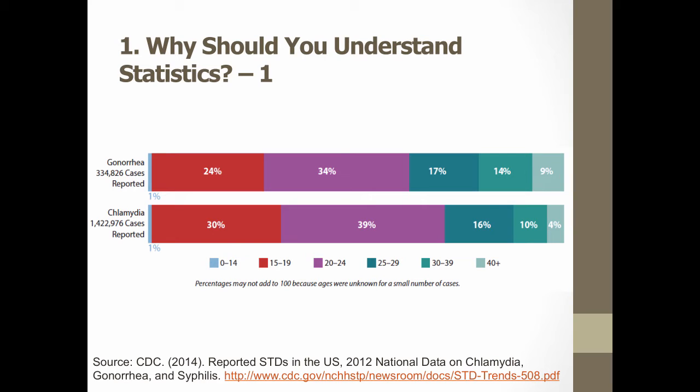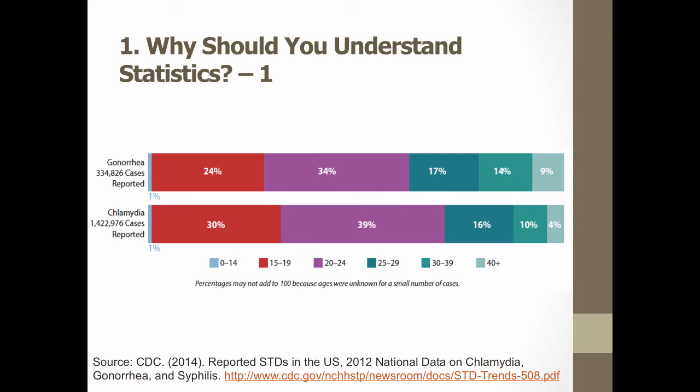Well, if we look at each of these bar graphs individually, let's just look at the top one, just gonorrhea cases. Which age group made up the majority of these cases? Well, hopefully you said those that made up the purple bracket, right? We see that purple made up 34% of the 300 plus thousand cases, and that 34% of those cases fell among the 20 to 24-year-olds. And we see that the second most cases reported for gonorrhea were among those between 15 and 19.